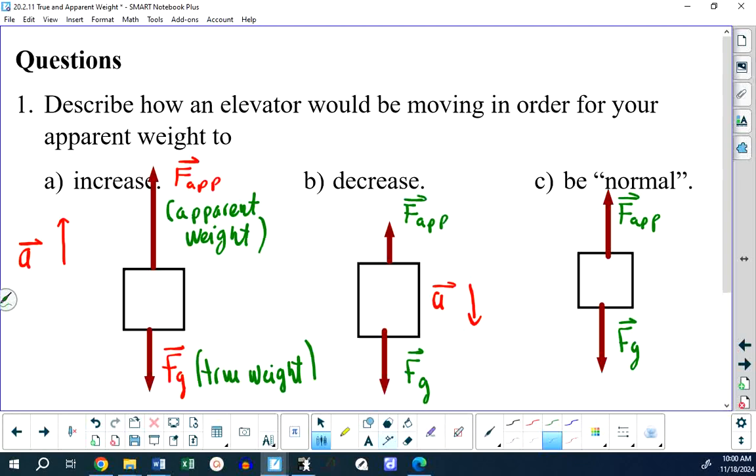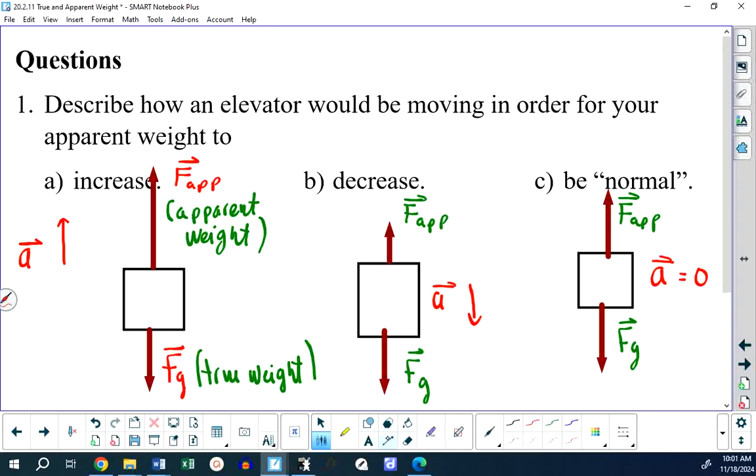So the elevator can just be stationary or it can be moving but at a constant speed. And given that the question said the elevator is moving, we can just say this and cover all bases. Yeah? Okay.